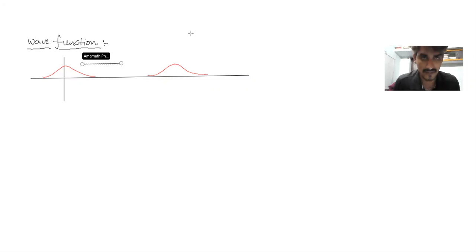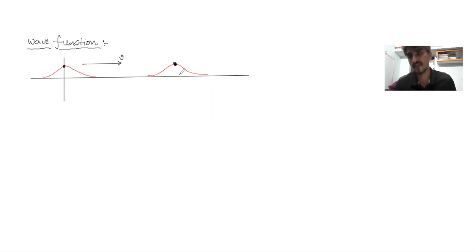Suppose this is the velocity of the pulse here, and it goes to some distance. Let us take from this position to this position. What will be the distance between them?